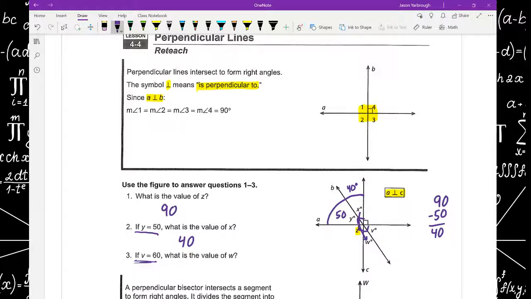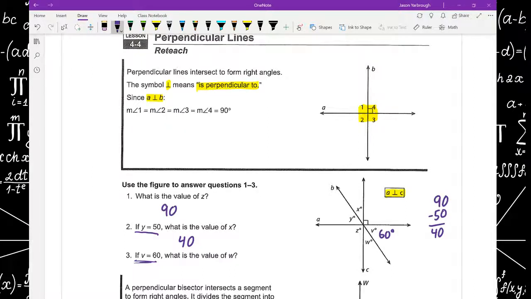However, this is a different problem. So actually, all the information that we put from number 2, where we said that x was 40 and y was 50, that is all gone. So what we actually need to do is now we need to look at this plugging in v as 60. So now we're just looking at v as 60, right?